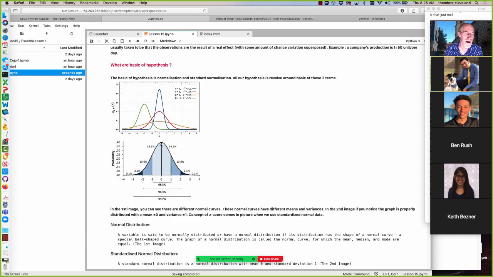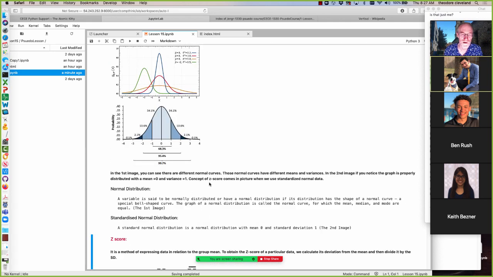In the standard normal distribution, we only have to have a single quantile function and a single distribution function. The red one, for instance, or the blue one, or the green one, or the orange one, are all readily converted to this standardized distribution by a simple mapping process, and that's called the z-score.